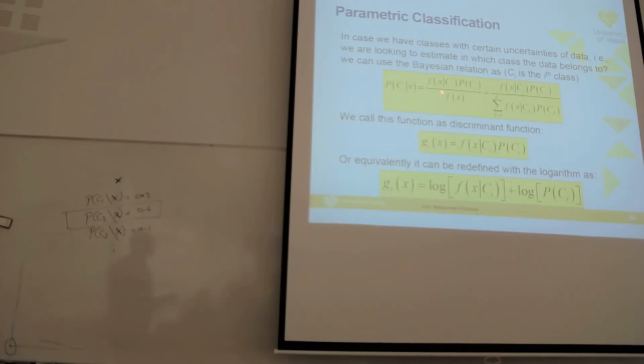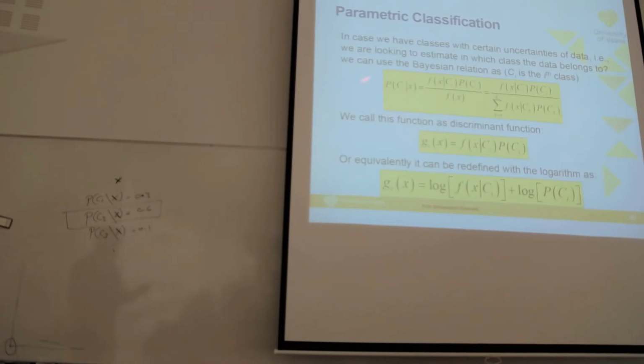It can be 0 or more, because they represent probabilities. In order to maximize this, you can see that f of x does not depend on the class, so it will have no effect on the selection, because it is the same over every class, C1, C2, C3 until Cn. It is always the same value, so we can simply ignore it.